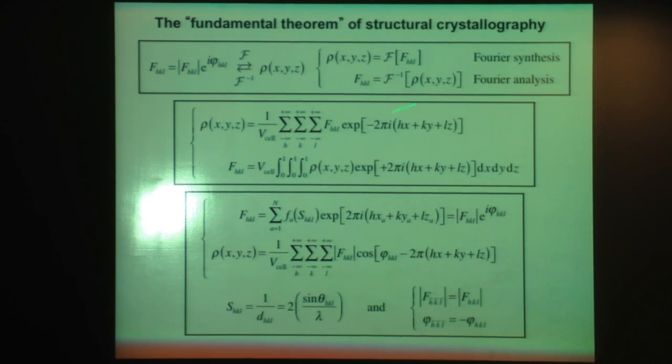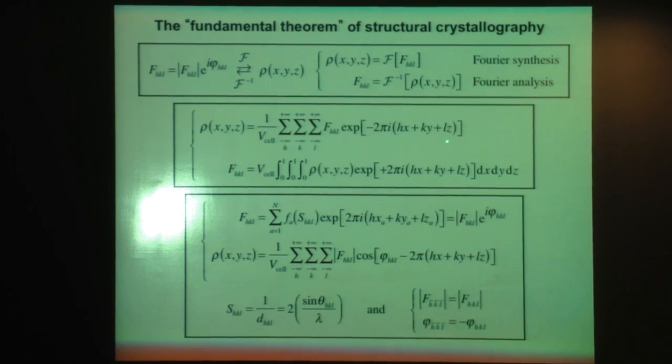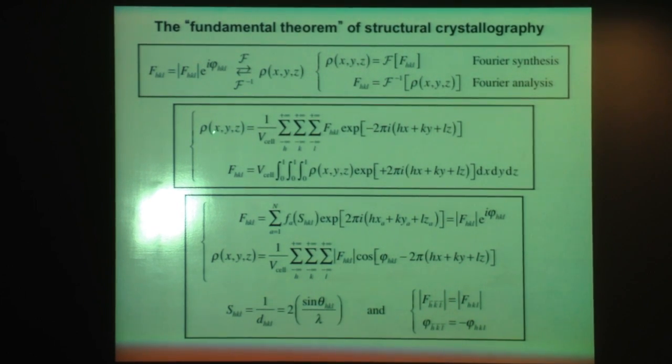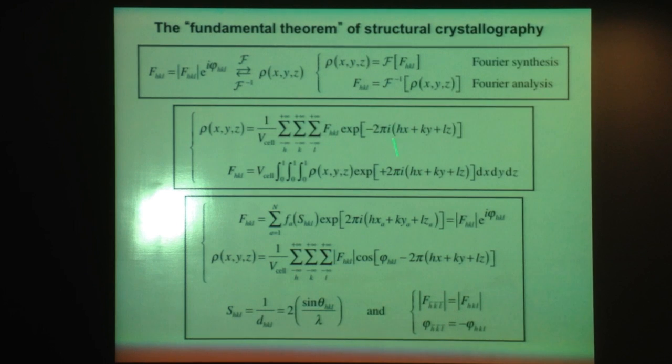So we multiply by the kernel, but we have adopted the convention that for the electron density representation we will use the negative sign in the exponent. These two exponents must be of opposite sign. We take the convention that for the density, we put the negative sign in the exponent of the kernel.